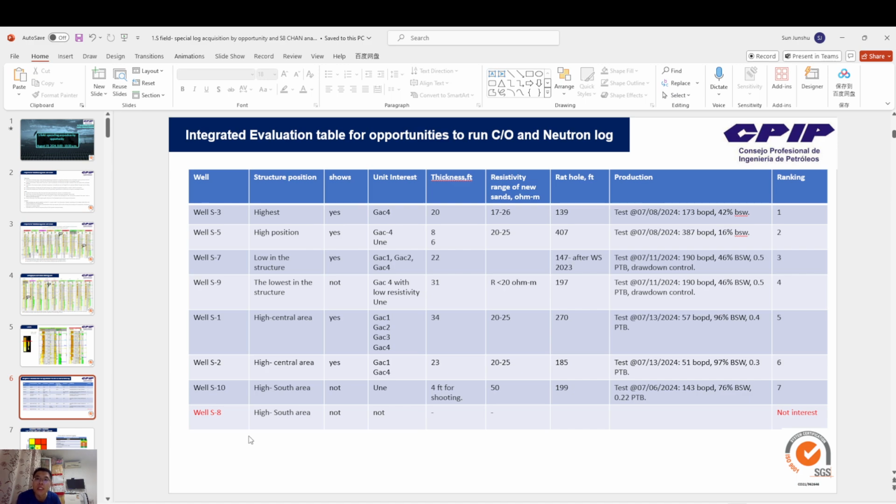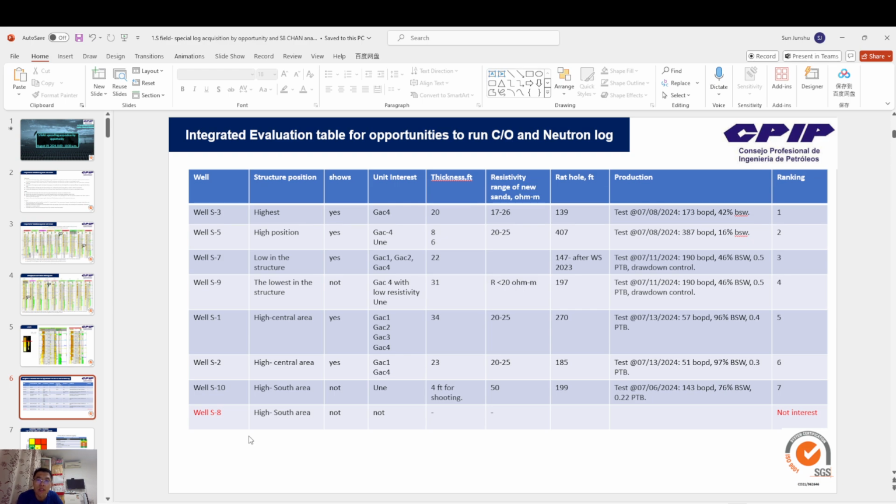Integrated evaluation table for opportunities to run cased hole and neutron log. Well S3 saturation structure position is highest, with the oil show.